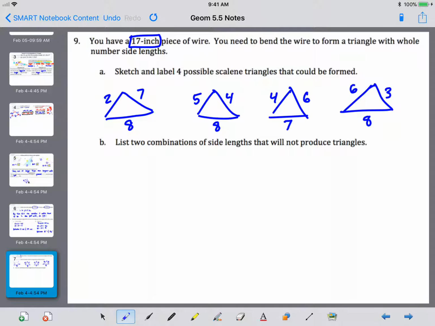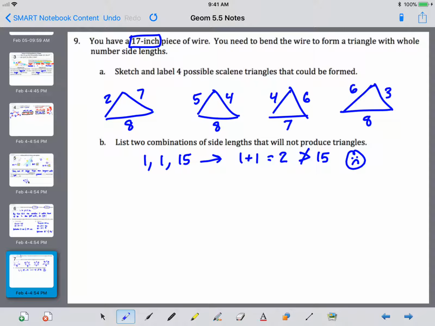Okay. Now, a couple of things that wouldn't work. In Part B, we're asked to list two combinations that will not produce triangles. So if I have two side lengths of 1 and 1, and then a third side of 15, well, if you look at your shorter two sides, 1 plus 1 is only 2. And 2 is not greater than 15, so that will not work.